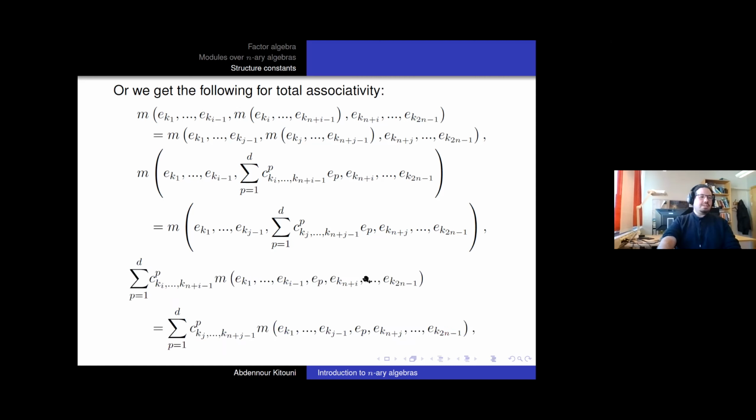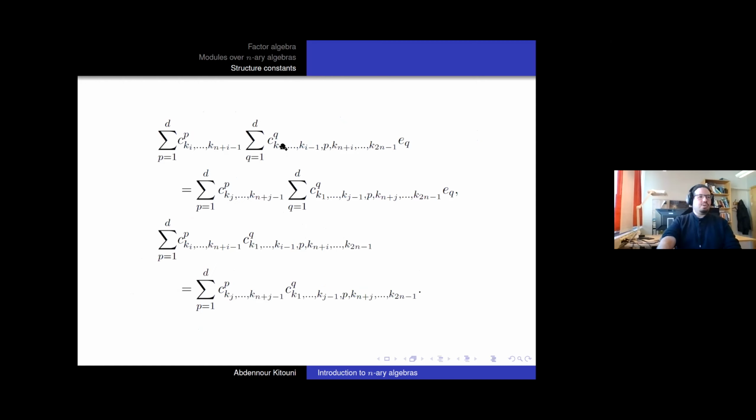Then by multilinearity, I get again multiplications with only basis elements inside, so that I can again do the same operation. And the final result is this.